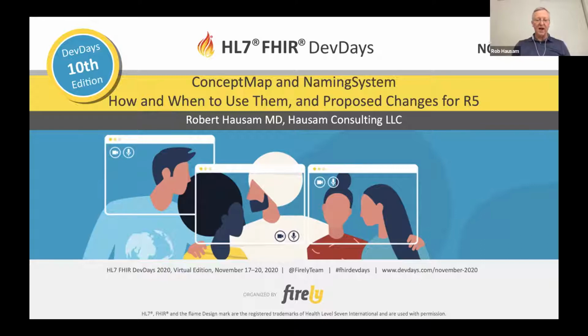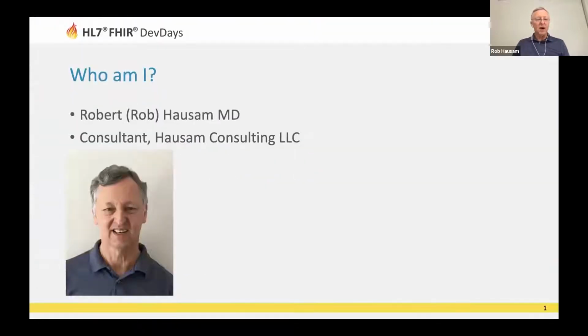So with that, let me take a couple of seconds to introduce myself. I'm Rob Hausam. I go by Rob. I'm an MD, a family physician here in the States, but I'm also a consultant in informatics. I've got an electrical and computer engineering background. I was an engineer before I was a doctor, and I've always tried to do the two together. It's been a fun ride over a long time.